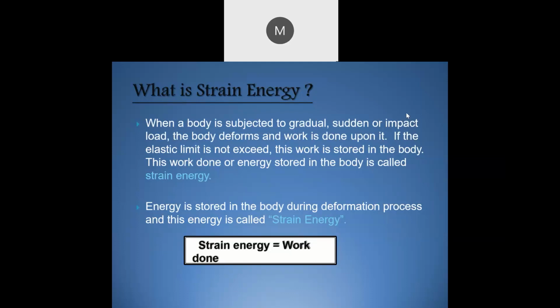That means a body is subjected to some amount of work, which may be gradual, sudden, or impact load. If the elastic limit is not exceeded, this work is stored in the body. And this work done or energy that is stored in the body is called strain energy.